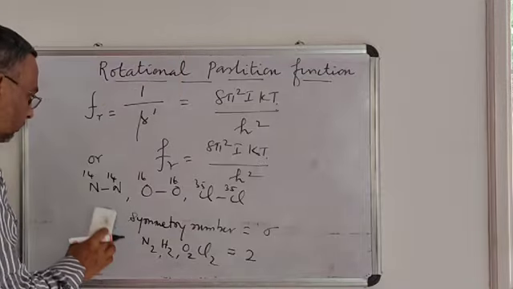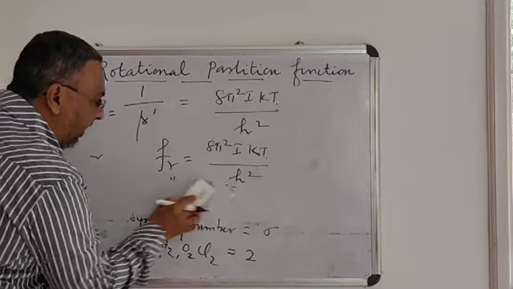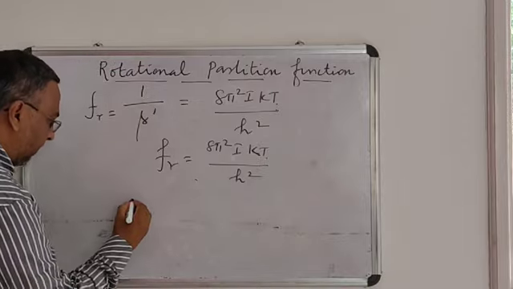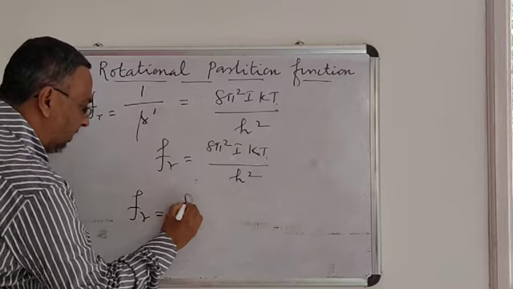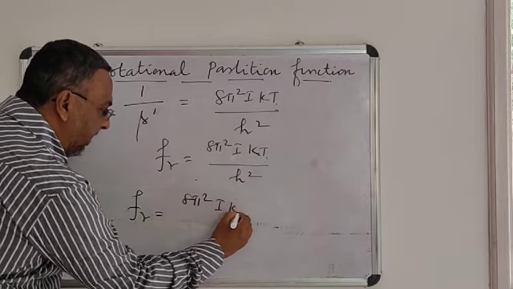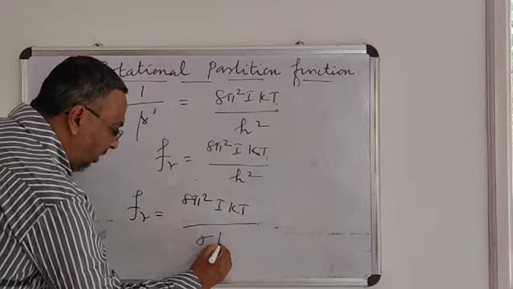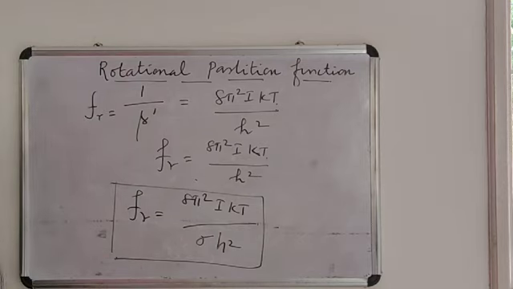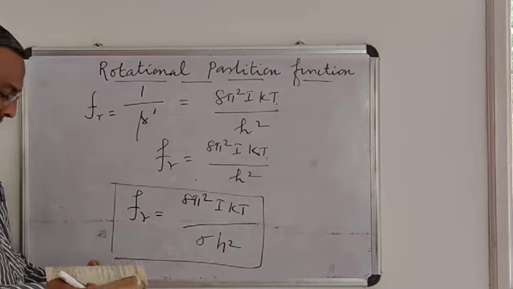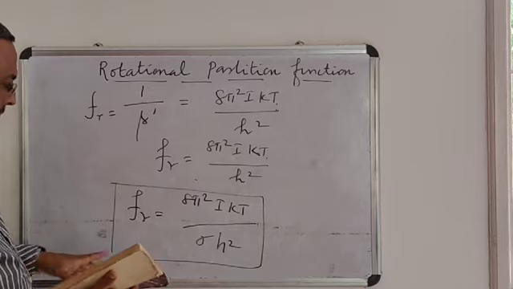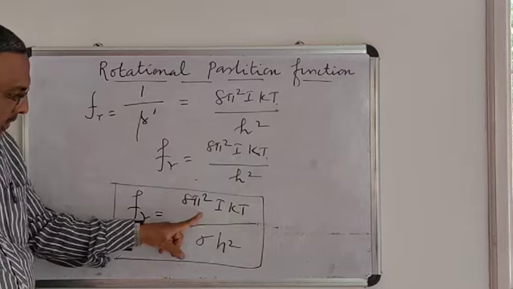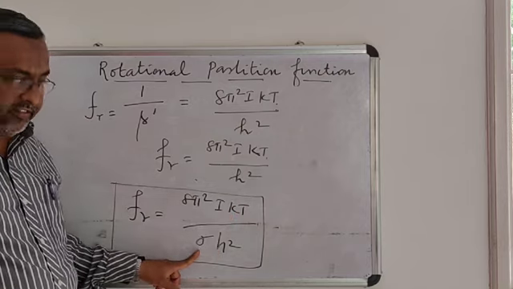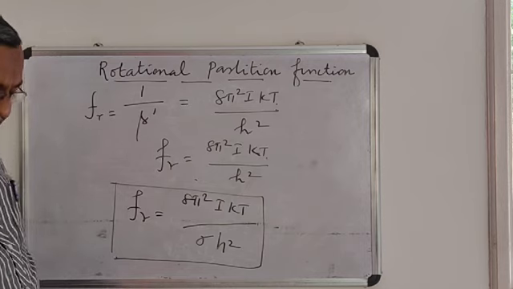Now I can write the final equation of the rotational partition function as 8 pi square I kT divided by sigma h square. I is the moment of inertia, k is the Boltzmann constant, sigma is the symmetry number, and h is Planck's constant.